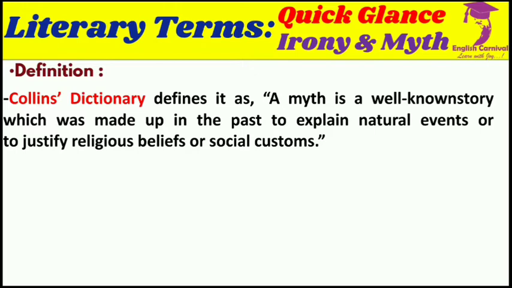So here, friends, with the help of this definition, we can rightly understand that myth is nothing but a kind of story which is told to point out religious beliefs, or certain social customs, or social traditions, or cultural values, or such things.